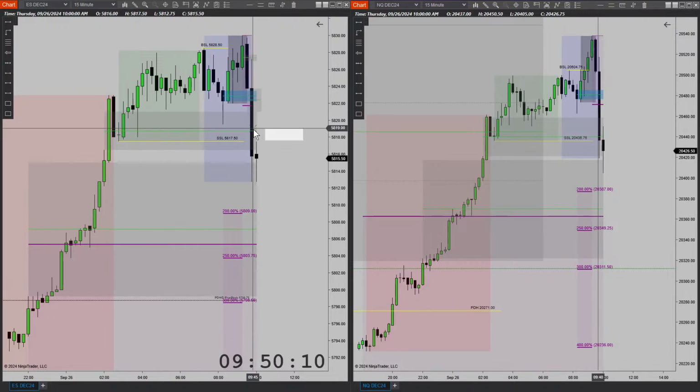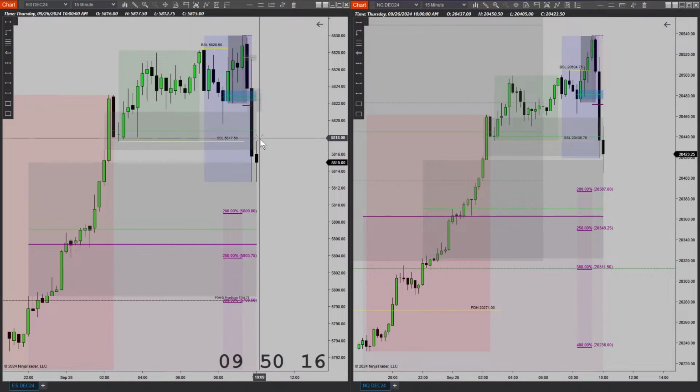Well, we did leave a 5-minute gap up here. Now we're drawing. Now we have a 5-minute gap here.